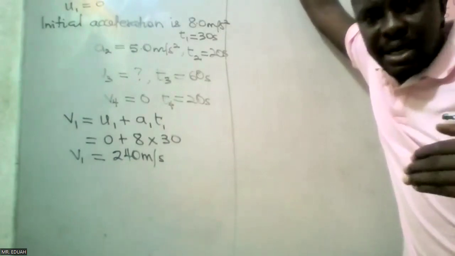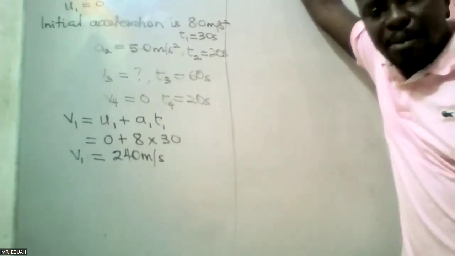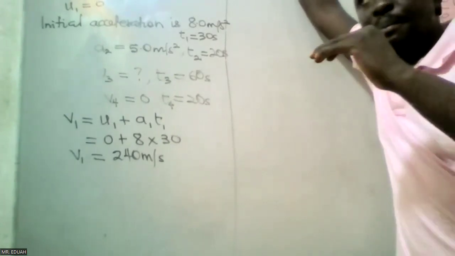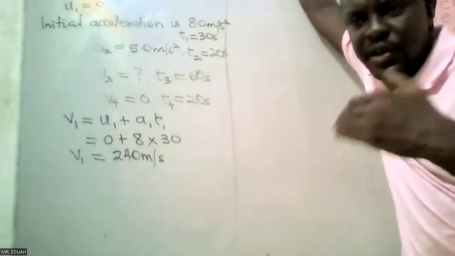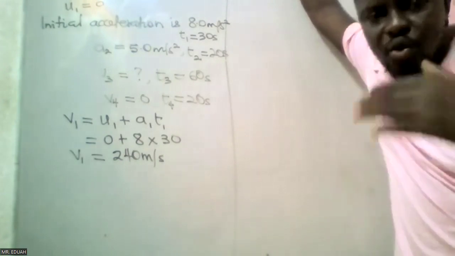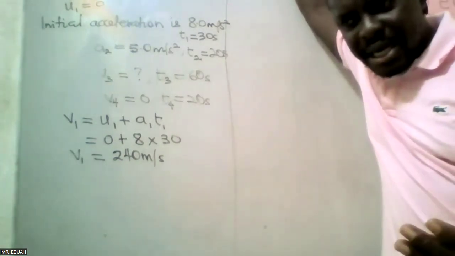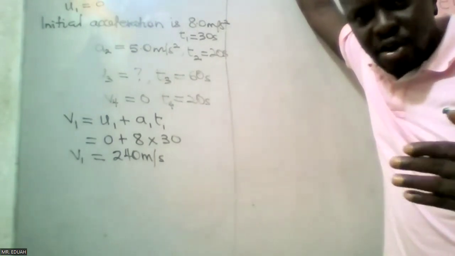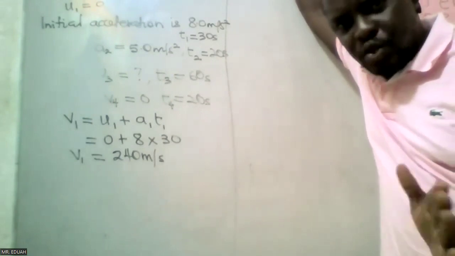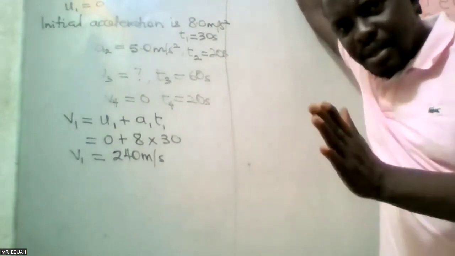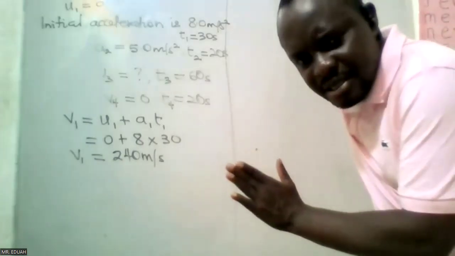When a body is uniformly accelerated, we all understand that the body moves with a constant velocity within equal time intervals. So maybe the body is moving with a velocity of 10 meters per second within equal time intervals: 10, 20, 30, 40 within every second.